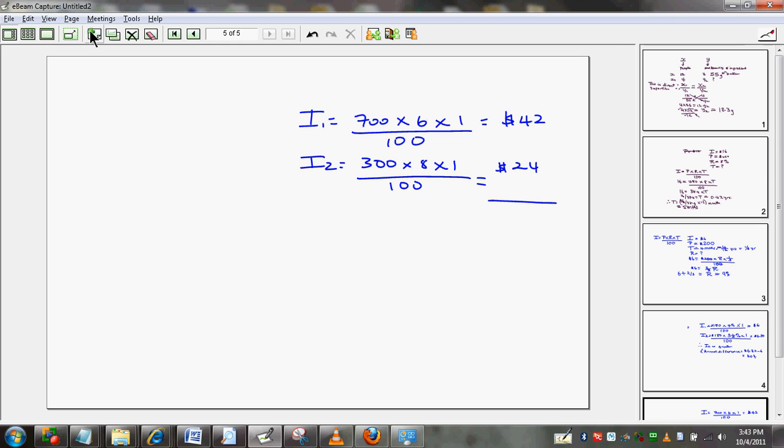So therefore, the total interest, which is I1 plus I2, will be equal to $66. Right? Is that different to what the book had? No? Okay, so it was easy. Wasn't hard, right? $66 was the answer for that one.